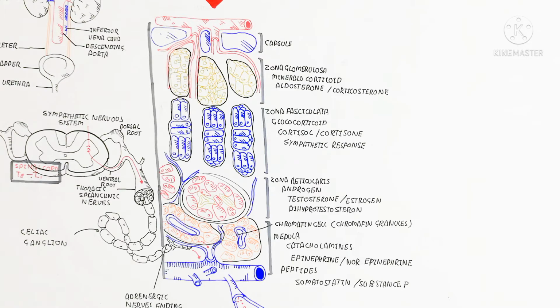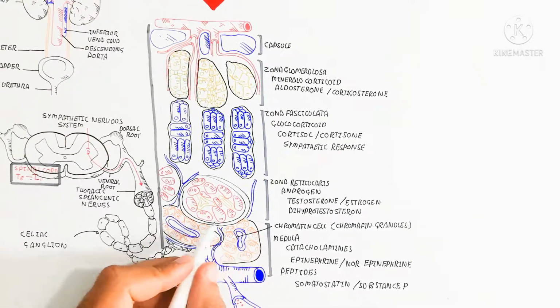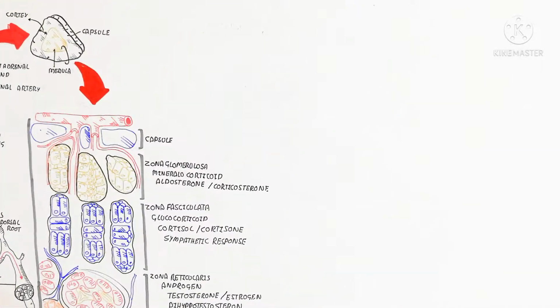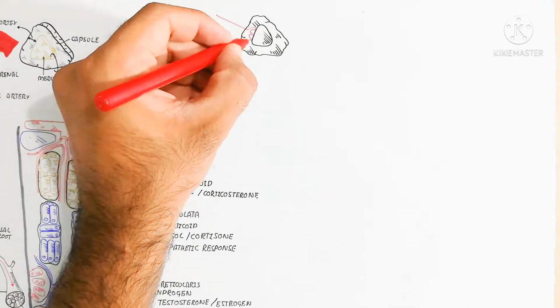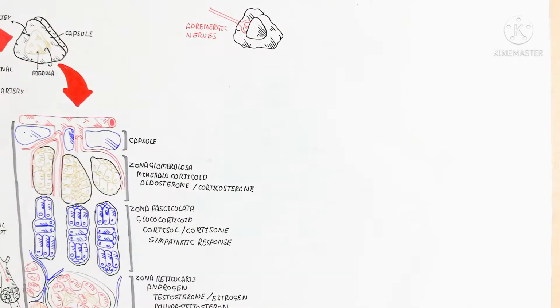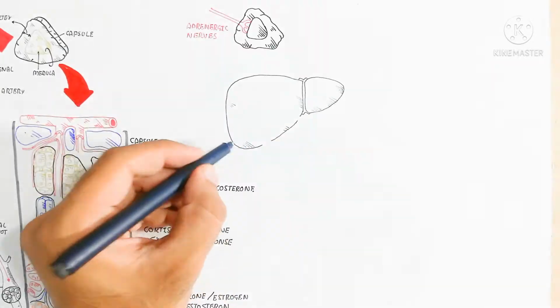So let's begin to understand: the sympathetic nerve endings will stimulate the adrenal glands to secrete. Here are the adrenergic nerves, which bind with the adrenal gland.